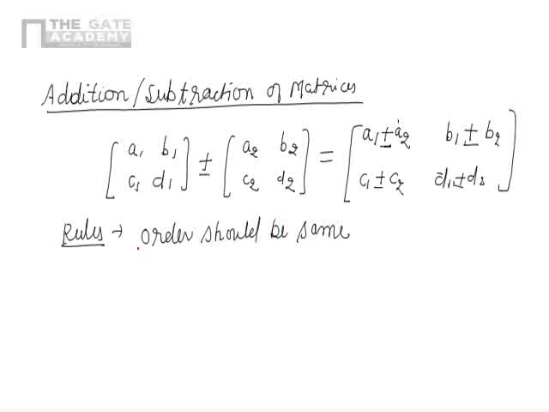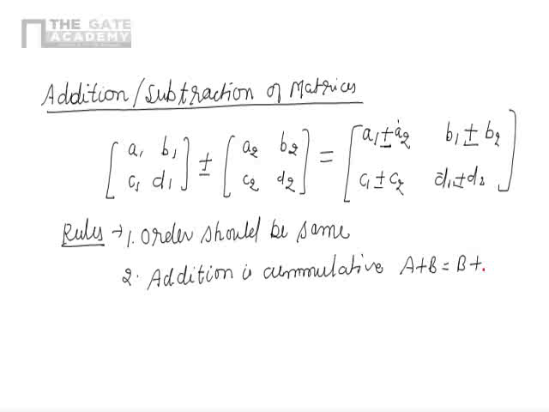And another important property is addition is commutative. It means A plus B will always be equal to B plus A. And we can also apply associativity.